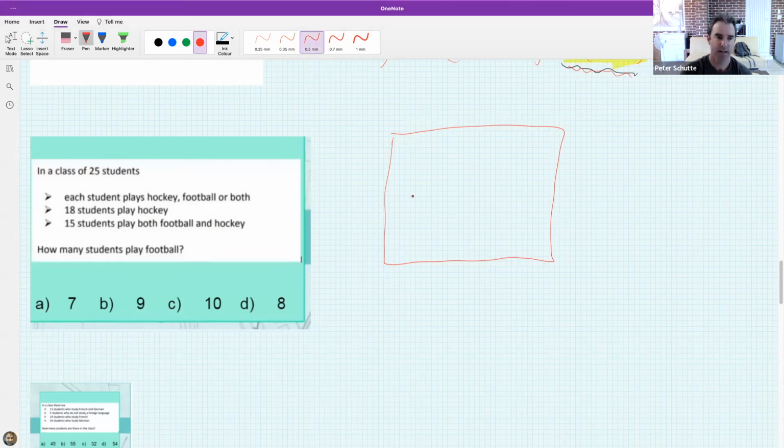I'll give you a little hint. Each student plays hockey, football, or both. And 15, so there's definitely going to be an overlap. And what did we do in the last question? We started with the middle. 15 students play football and hockey.